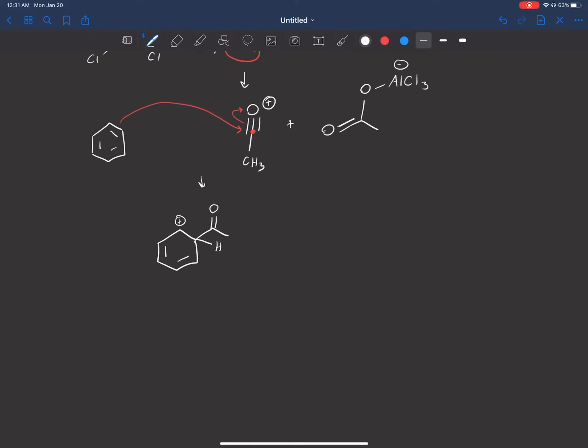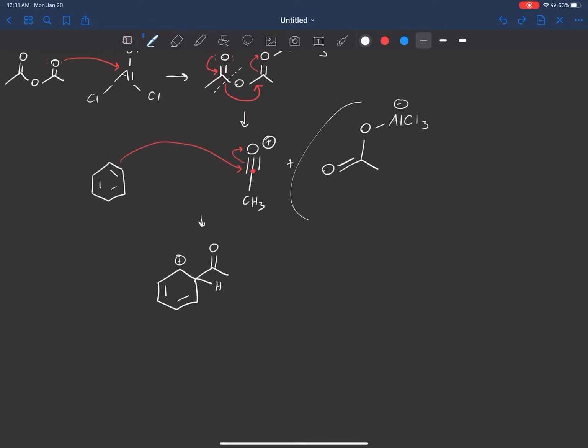Now all we have to do is restore the aromaticity. You can go like this to show that single bond using those electrons to form that pi bond. Or, if we want to be more precise, go back to this intermediate and show that this bond reaches out and grabs the hydrogen, and then this bond collapses.